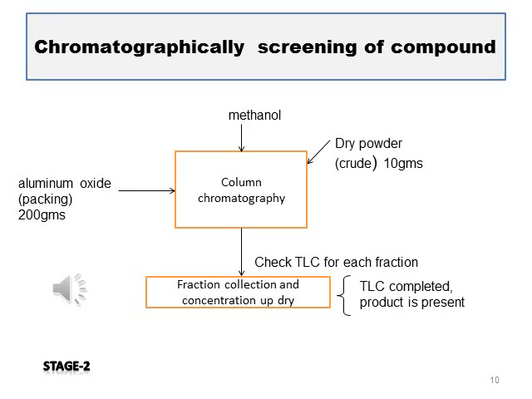Stage 2. Chromatography screening of the component. We used column chromatography techniques, with aluminum oxide as the stationary phase and methanol as the mobile phase. The dry powder sample we obtained from stage 1 was loaded, and the fractions were collected down the column.